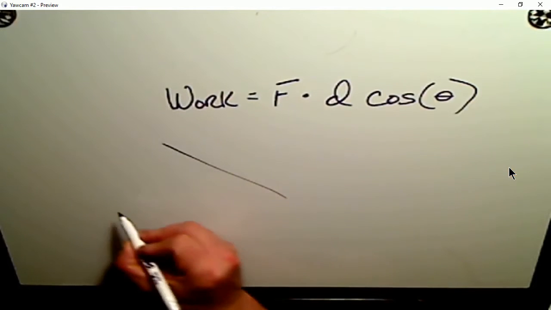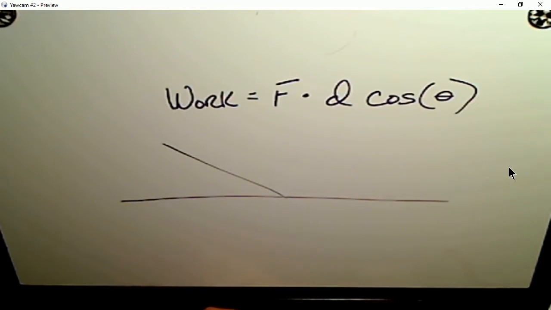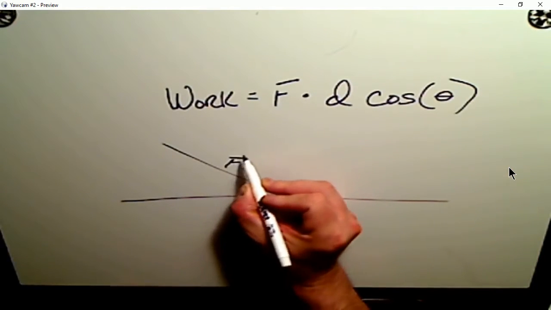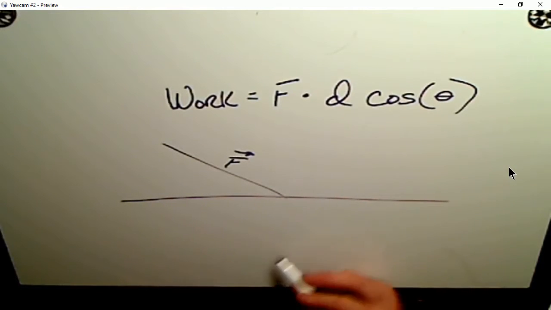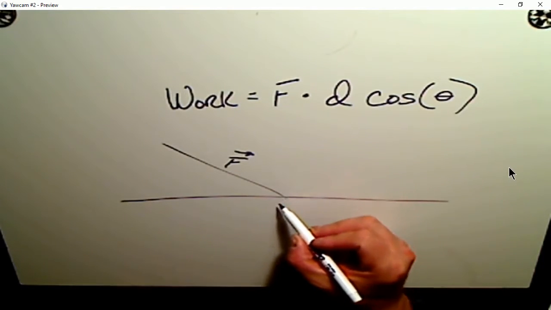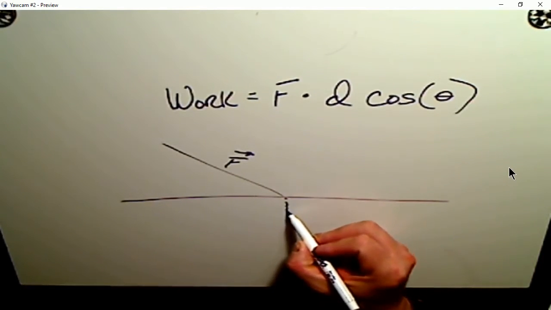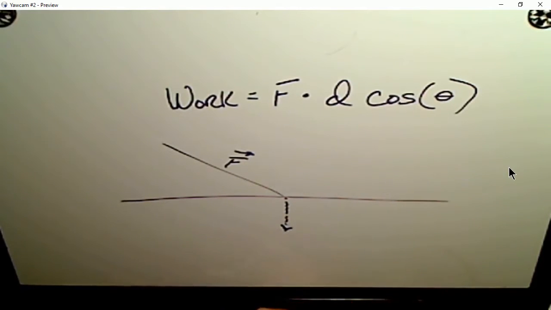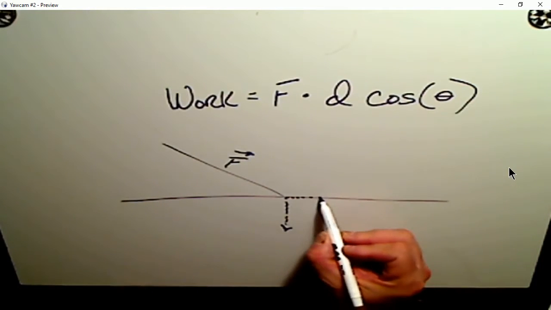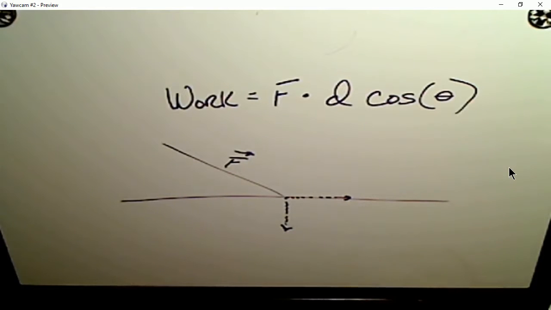Because if I'm pressing down and we think of force as a vector, well, some of that force obviously is down, and some of that force is actually moving the object.